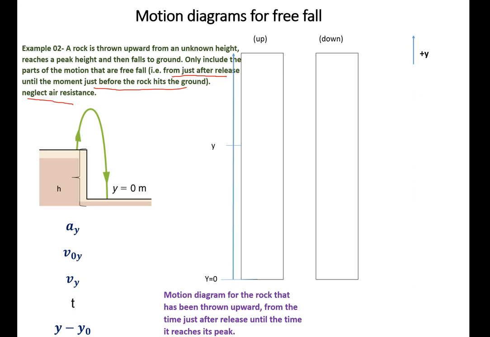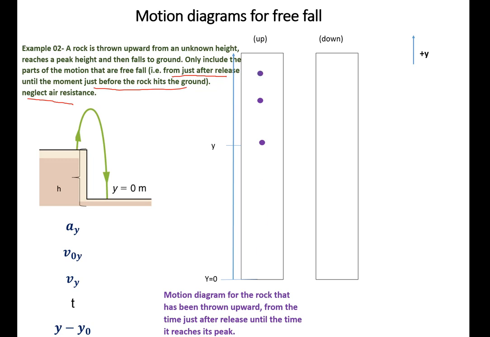Now you start from a particular height level, okay, and let's assume that the initial height is just maybe y0 or whatever. I have y here, so you have a certain initial height, and then it is moving up.